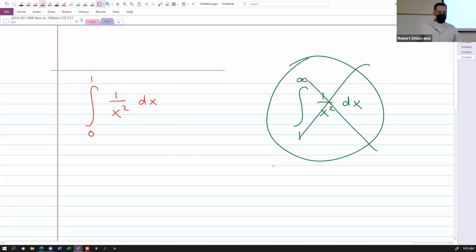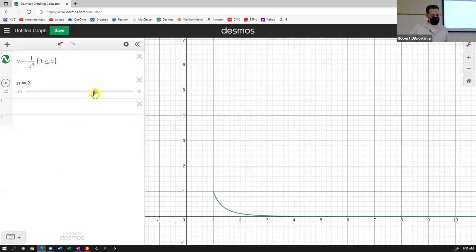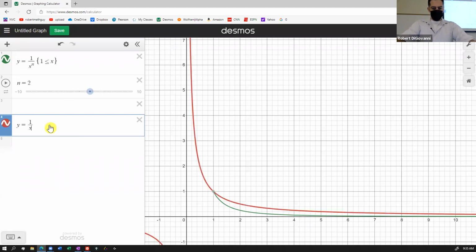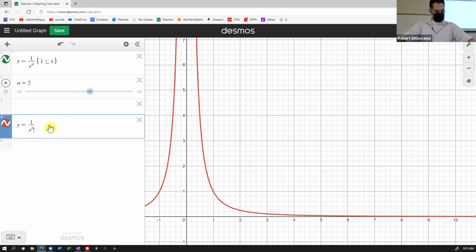So from 0 to 1, the graph of that, let me go back to my graph here. I'm going to go 1 over x squared, but this time I'm going to graph it only from 0 to 1.